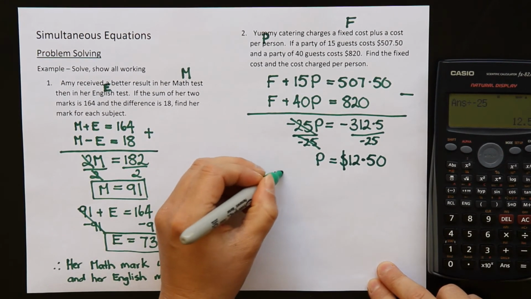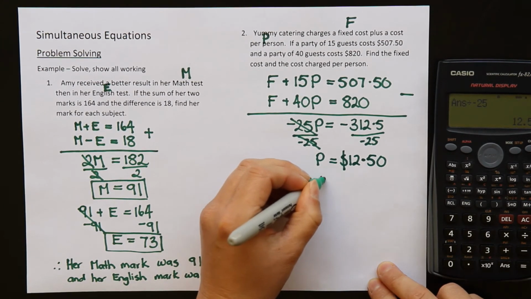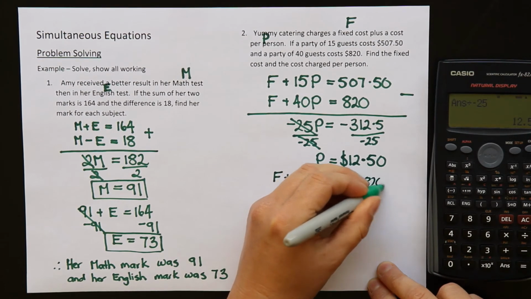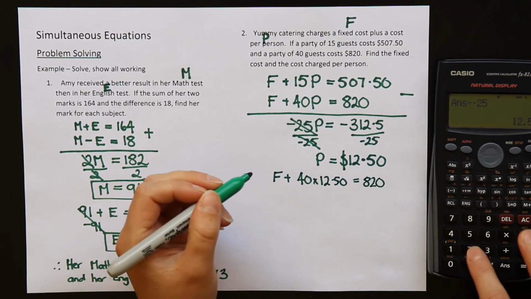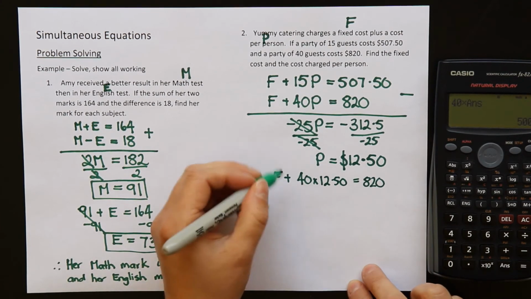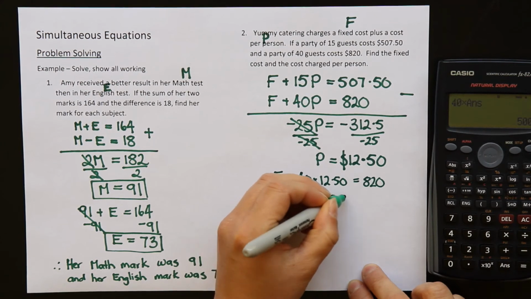The fixed cost plus 40 lots of $12.50 is equal to 820. Let's times those together. 40 times by my $12.50 is a nice $500.